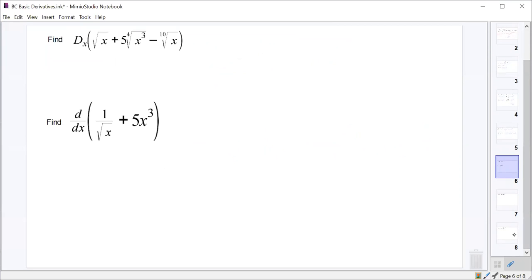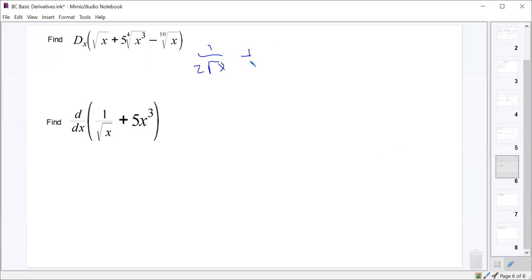Let's do these two because these ones are written in an unpleasant way. What should this first one become? 1 over 2 root x. And then this is 5x to the 3/4, right?